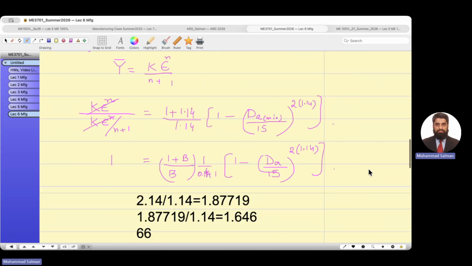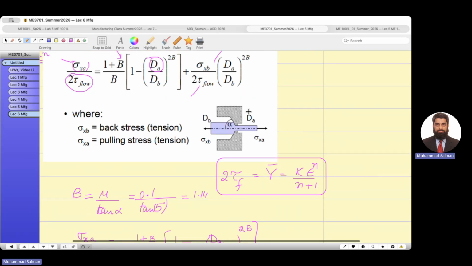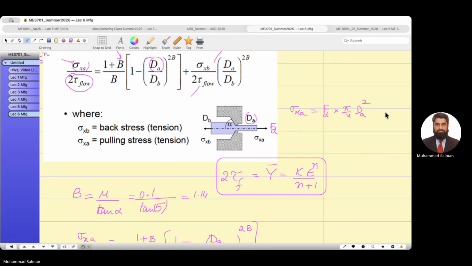If you take a look at the extruded area, sigma xa equals the force, the drawing force, divided by pi by 4 dA squared. Agreed?